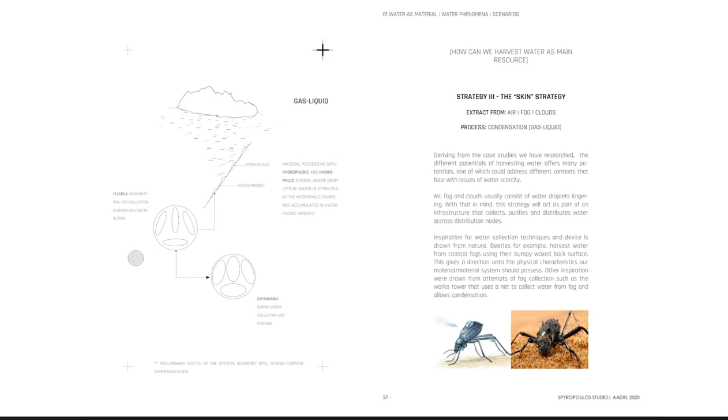And on the left, it's a simple sketch of how the texture of the material would have bumps, where these bumps actually attract water because of the surface tension.